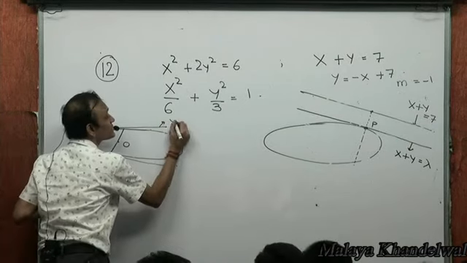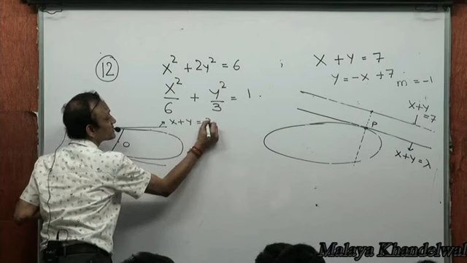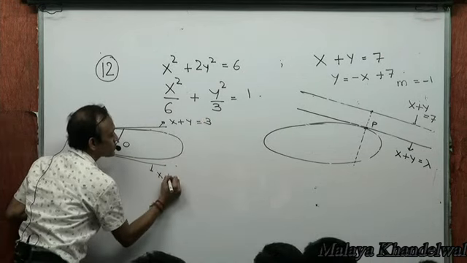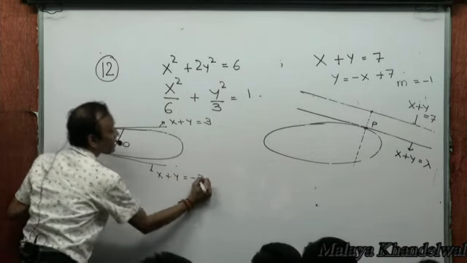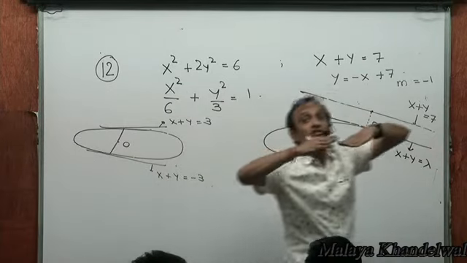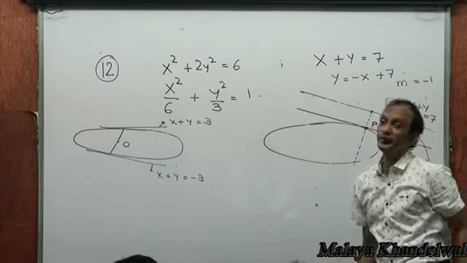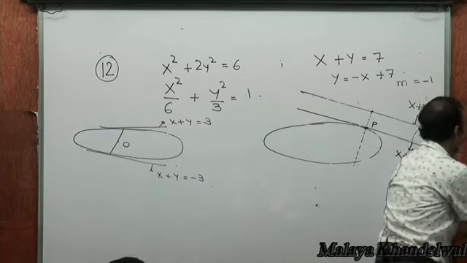That means this must be, say, x plus y equal to plus 3, and this will be x plus y equal to minus 3. That means the two tangents are tangents drawn at the extremities of a diameter of that ellipse. Yes or no?